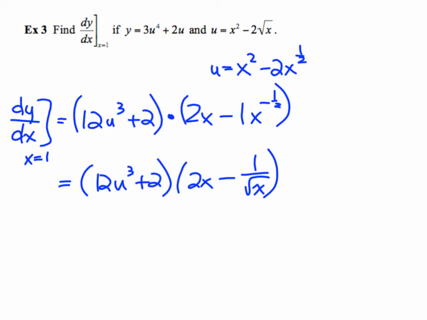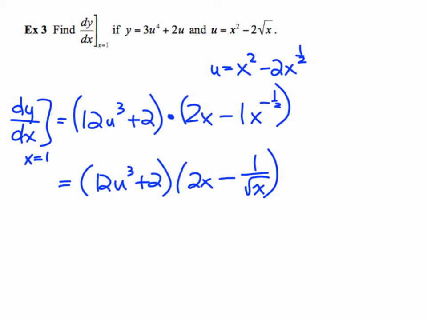So I need to take the derivative of u, which is 2x minus 1, because 2 times 1/2 is 1, x to the -1/2. So I've taken the derivative of y times the derivative of what's inside, and then I simplify it. I moved x to the -1/2 into the denominator.